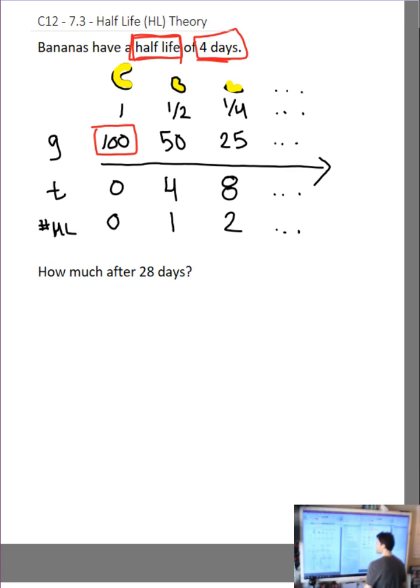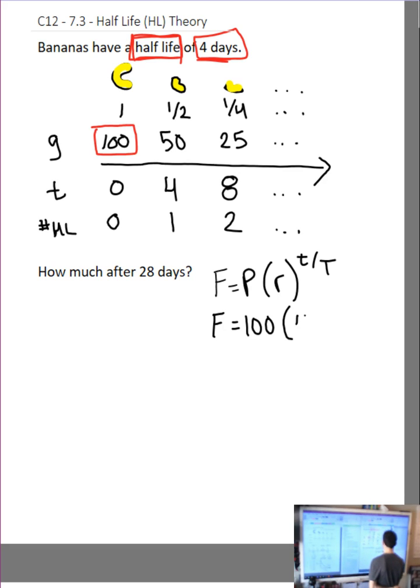Okay, so I'm going to start off with the same equation we were working on before. Future value equals present value times the rate to the exponent lowercase t over capital T. So how much after 28 days? Well, that's the future value that I'm looking for. My present value is 100. We're starting with that each time. My rate is 1/2 for a half-life.